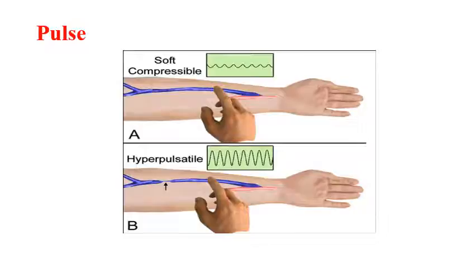If you find that the pulse is hyperpulsatile, this means that there is distal obstruction over the vein. If you find the pulse is weak over the AV fistula or the vein, this means that there is obstruction or stenosis of the artery, which is the inflow of the AV fistula.